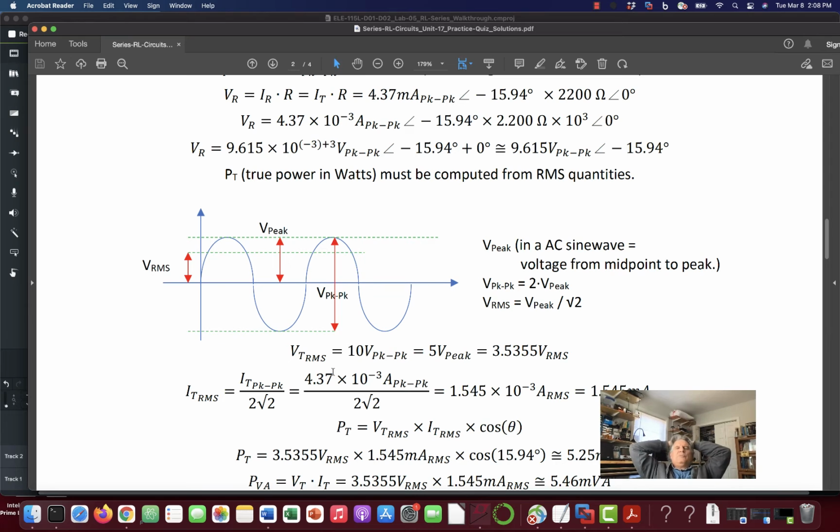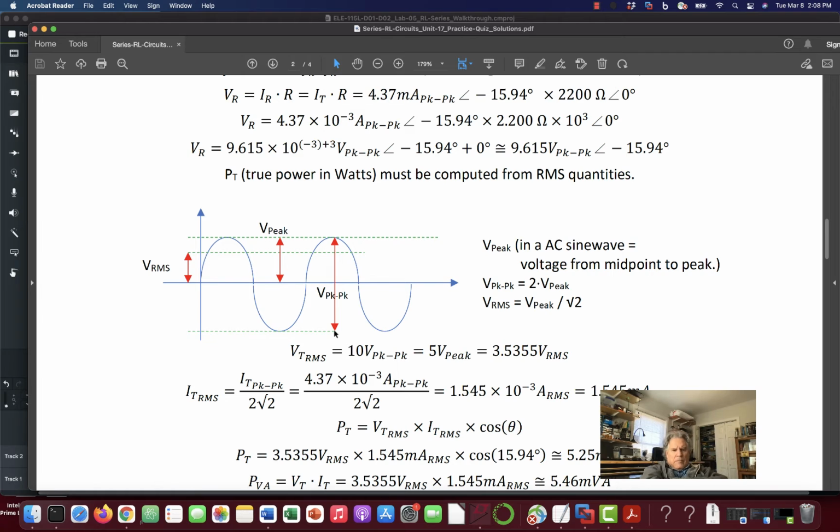VRMS. RMS means square root of the mean square, and it's the power producing equivalent of an AC signal. If you looked at the signal coming from the AC line, and I don't recommend doing this unless you really know what you're doing, you would see that the peak voltage is about 169 volts, and that swings down to minus 169 volts, and that gives you a peak to peak of 338 volts.